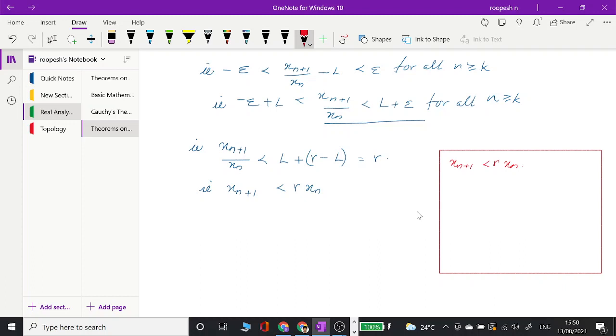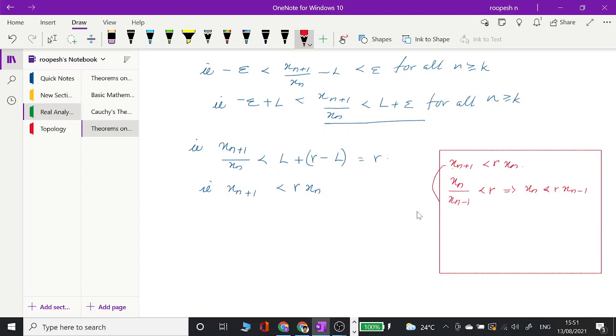Suppose I proceed like this: xn by xn minus 1 is again less than R. So from this I get xn is less than R into xn minus 1.